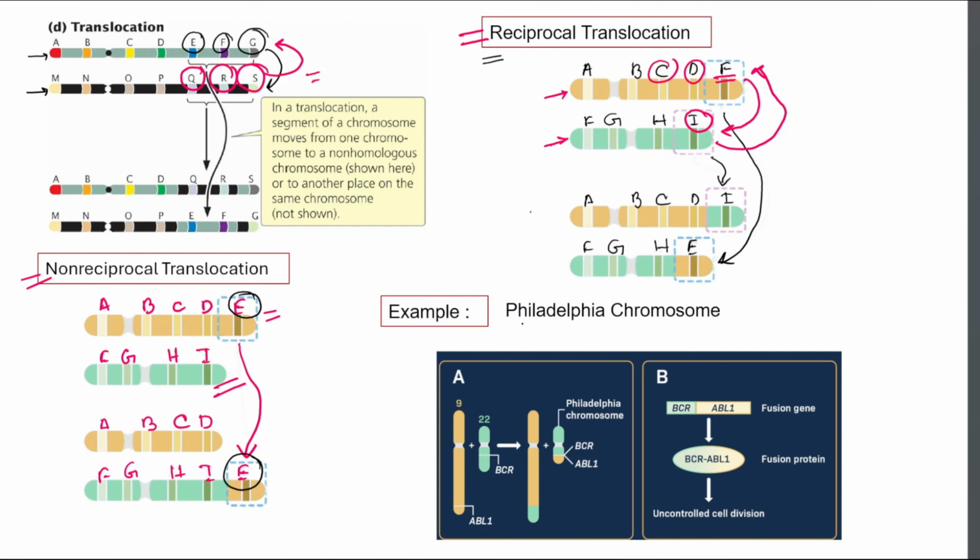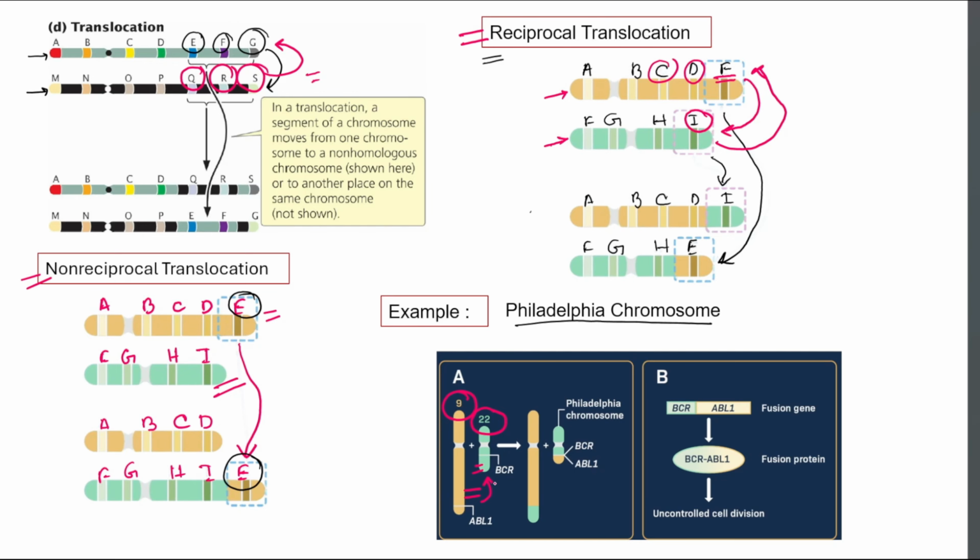Here is the example, the Philadelphia chromosome. It is an example of reciprocal translocation, where human chromosome 9 and human chromosome 22 exchange chromosome segments. A segment from the long arm of chromosome 9 moves to the long arm of chromosome 22.